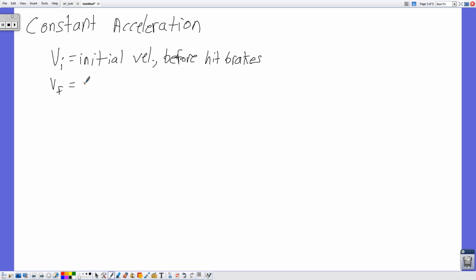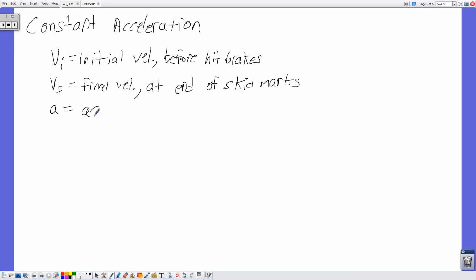You have V final, which is the final velocity. This is at the end of the skid marks. So after you've braked, you're done braking, you're at the very end of those lines that get drawn on the ground by the tires, that's when V final happens.